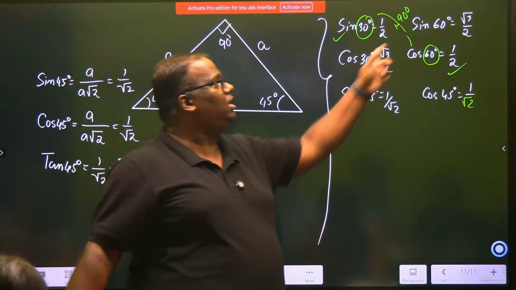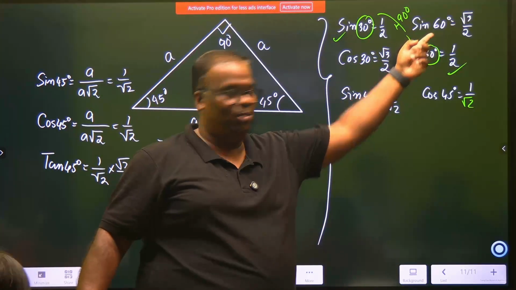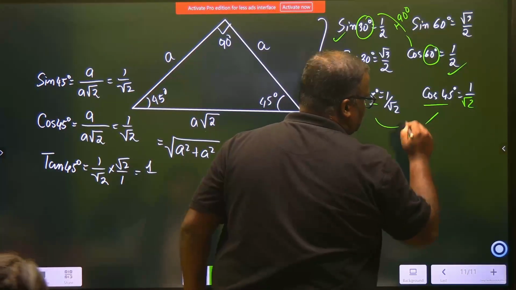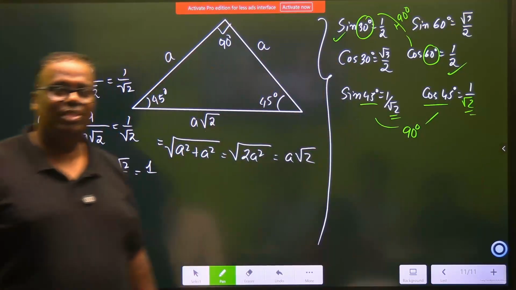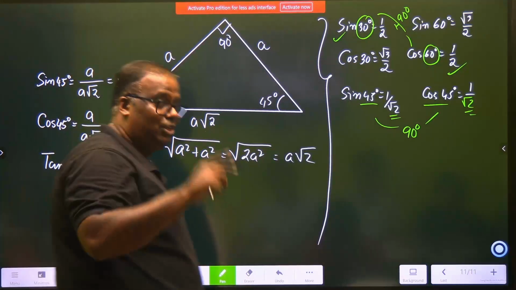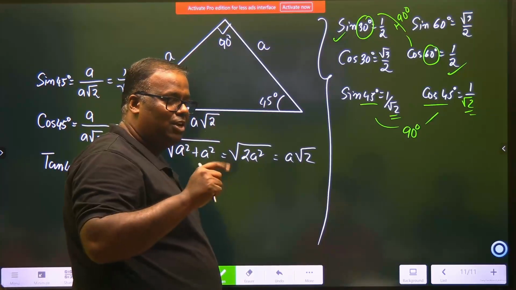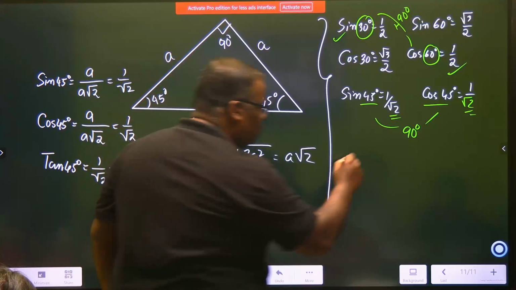If you take 30 and 60, they add up to 90, and the sine and the cos give you the same value. If you take two 45 degrees and add them together, that yields 90, you get the same value. Which gives us one more understanding. Two angles were left. What are the two angles? 0 and 90. How much is 0 plus 90? 90. What is the better word for them?